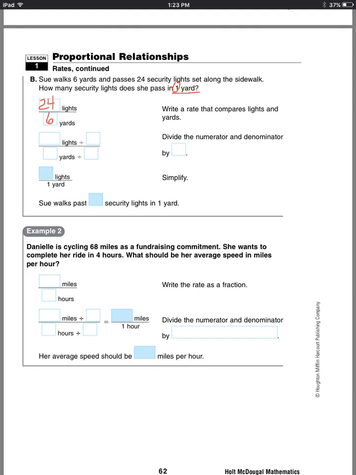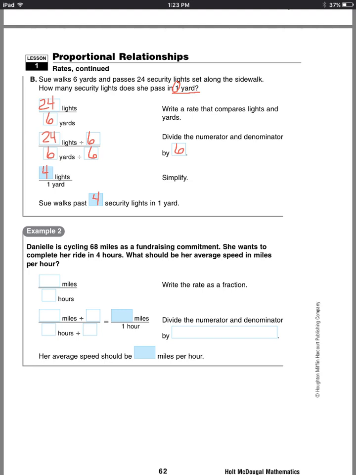So now we're going to divide the numerator and the denominator by the denominator, which is 6. 24 divided by 6 is 4 lights. So she walked past 4 security lights in 1 yard. I feel like that's a lot of security lights.